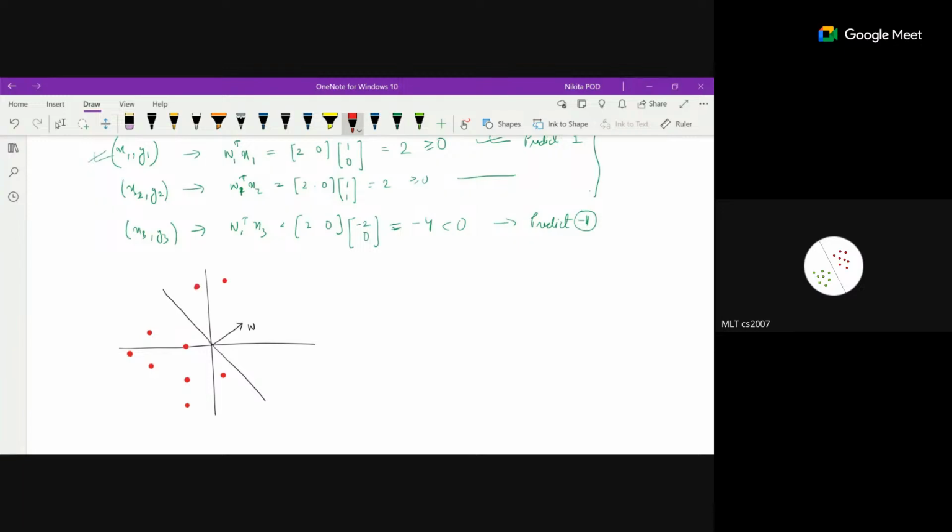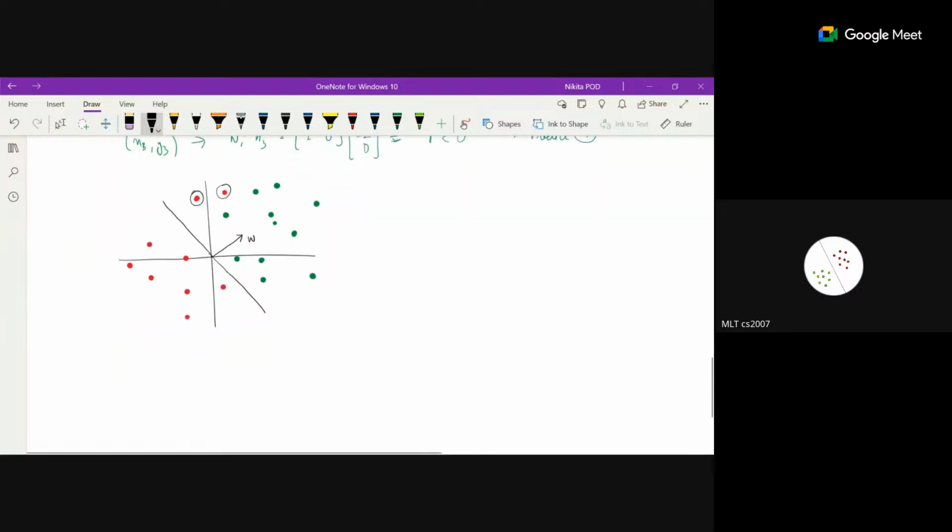Consider one or two that I got on the right side, and on the remaining side I have positive labels. So this is how my data set looks. For this W, these 2 points are going to be misclassified, so I will try to update the W, and maybe I got another W.